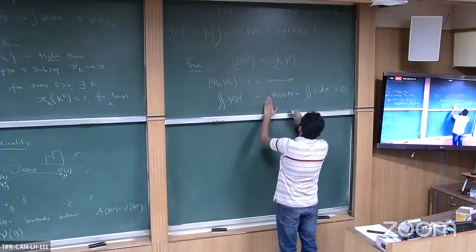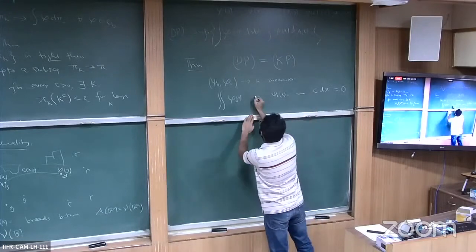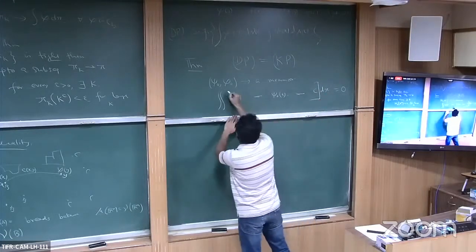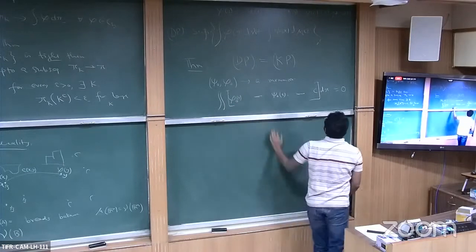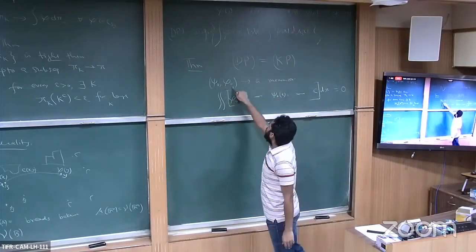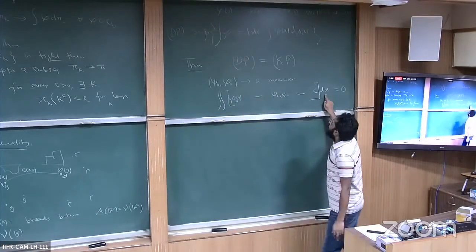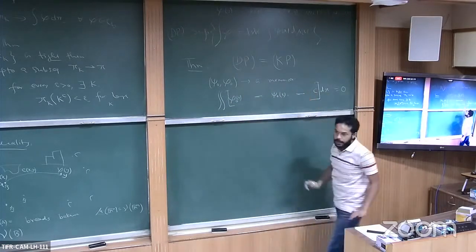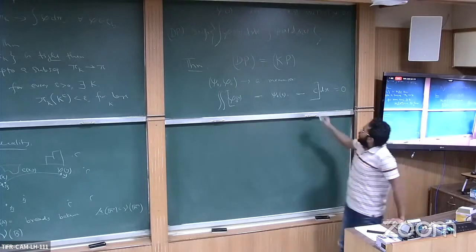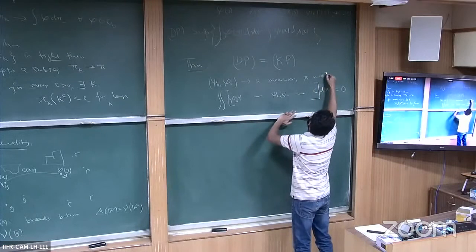So this is what we get. This quantity is 0, right? If psi naught is a maximizer in the dual problem, and if phi is a minimizer in k. Okay, so if this is a maximizer and phi is optimal in k.